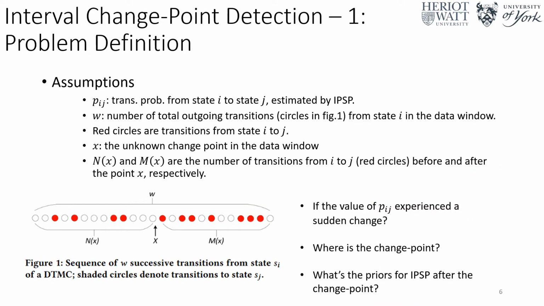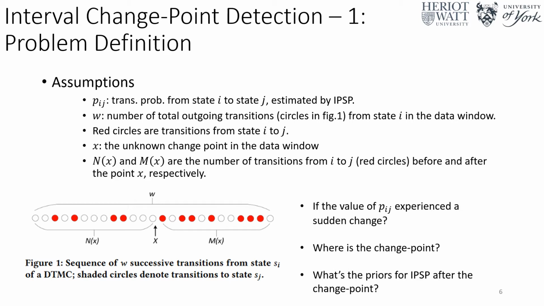Now let's properly define the interval change point detection problem. Say Pij is the transition probability of interest from state i to state j, and it is estimated online by the IPSP estimator.